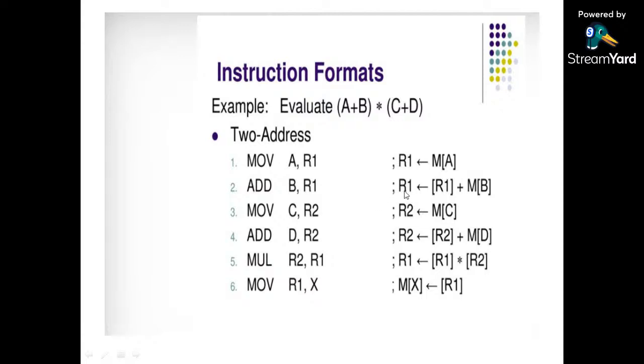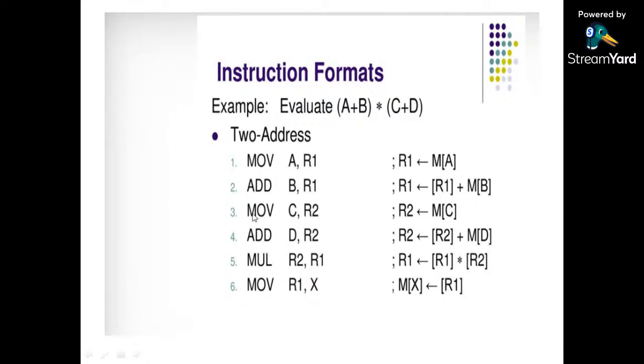Okay, so the result is going to be stored in the register r1 because here r1 is acting as a destination. So r1 will hold the value of addition: r1, which was already having the value from memory location a, plus the value from memory location b. Now these two values are added and the result is stored in the intermediate or general purpose register R1.